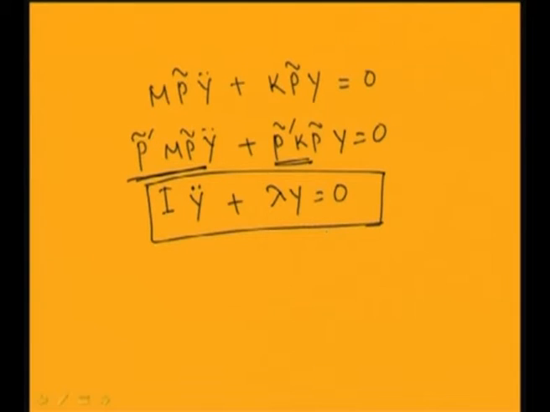So directly you are getting this equation in the form y1 double dot plus lambda 1 y1 equals 0, y2 double dot plus lambda 2 y2 equals 0, and similarly for the nth mode, yn double dot plus lambda n yn equals 0.